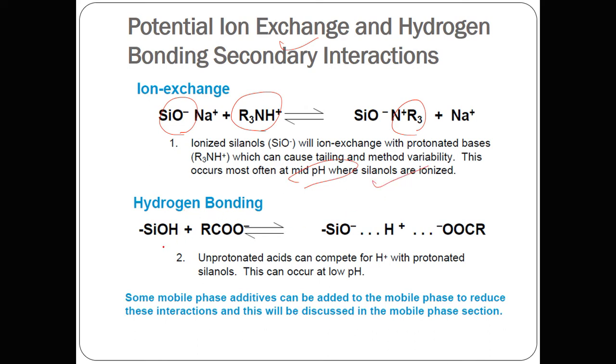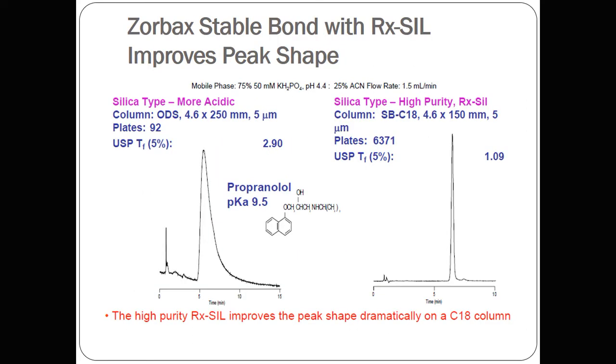Hydrogen bonding: here SiOH plus RCOO- is reversibly converted into SiO- H+ and RCOO-. Unprotonated acids can compete for H+ with protonated silanols. This can occur at low pH. Some mobile phase additives can be added to the mobile phase to reduce these interactions, and this will be discussed in the mobile phase sections, in further lectures.